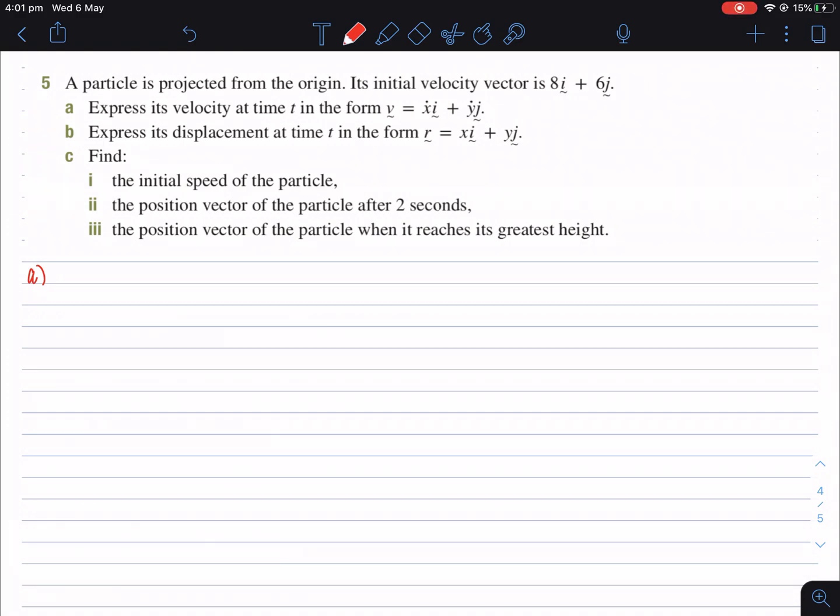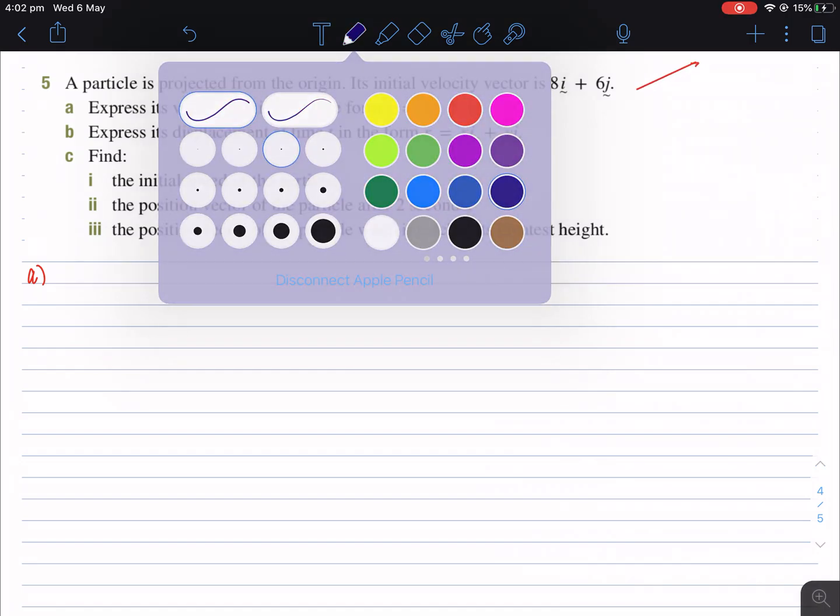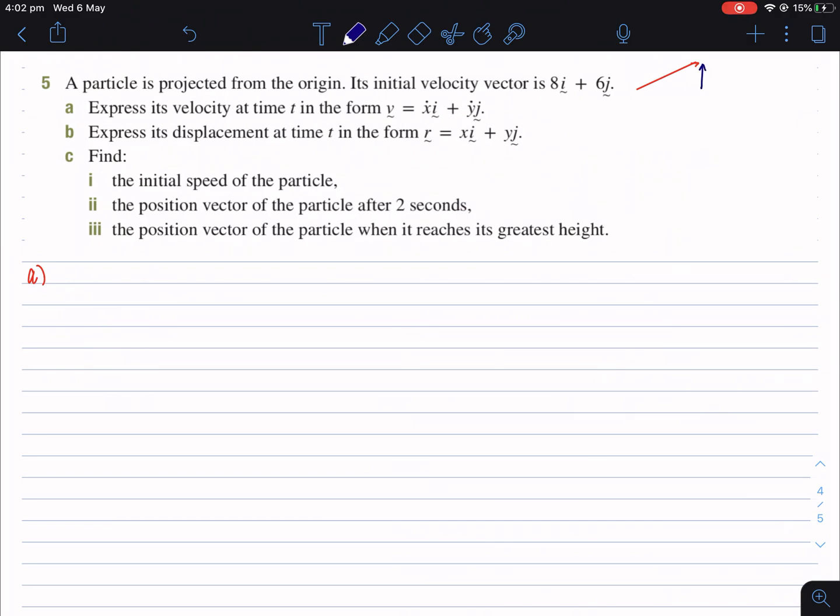All right, we've got an initial velocity vector of 8i and 6j, which means this is 6j, this is 8i. So express its velocity at time t. So remember, initially x equals 0 and y equals 0.